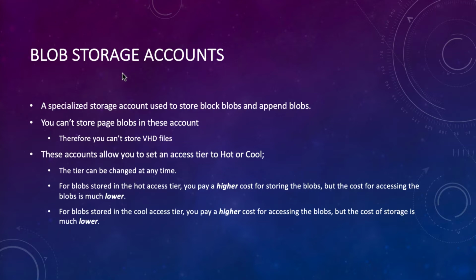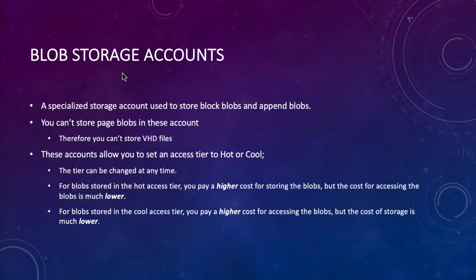So you pay a big down payment for the storage itself, but every time that you access the information, you pay a much lower price. And that's what's going to become a much lower final pay for the total cost of ownership for this type of storage account. Because your users are frequently accessing this, that lower price of access is going to cover the higher price of the initial cost.